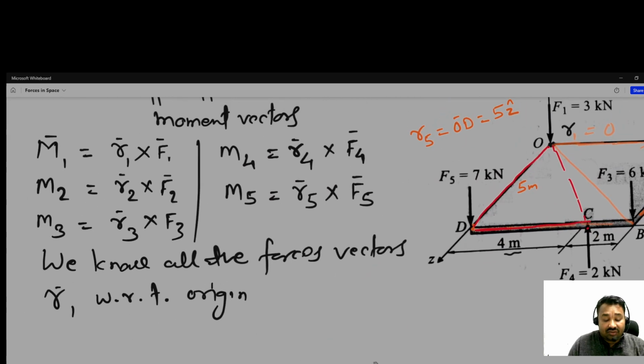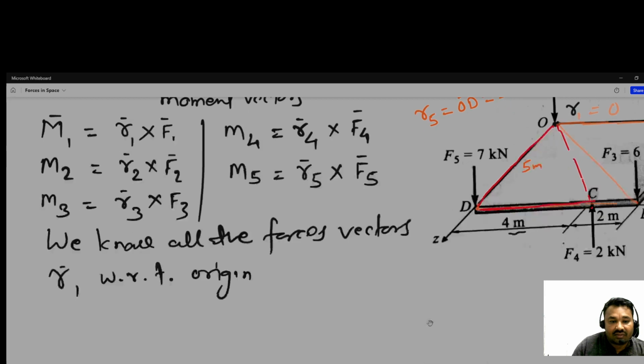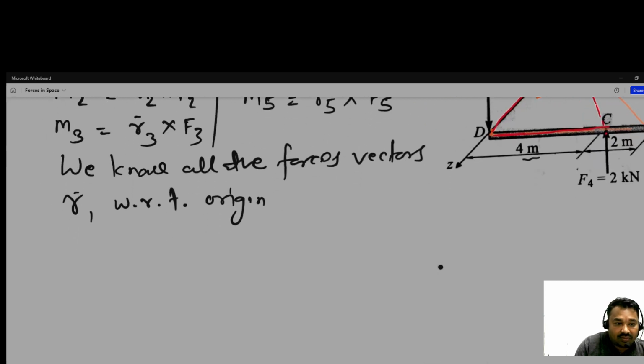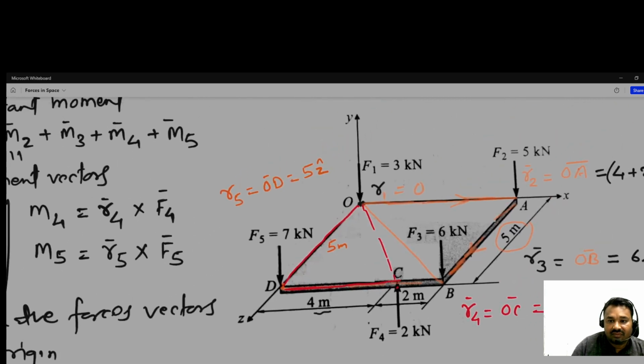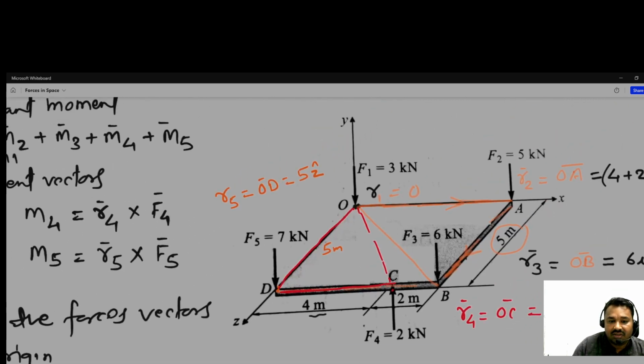Our purpose is to know M1 in vector form, and it is R1 cross product F1. R1 we already have, R1 is equal to 0.